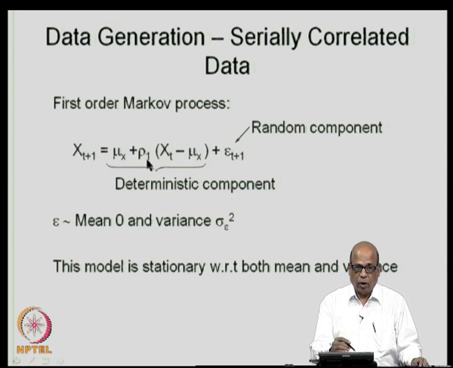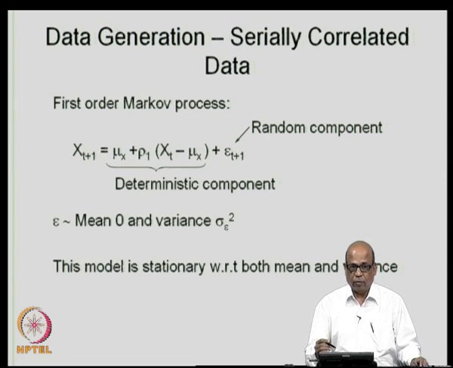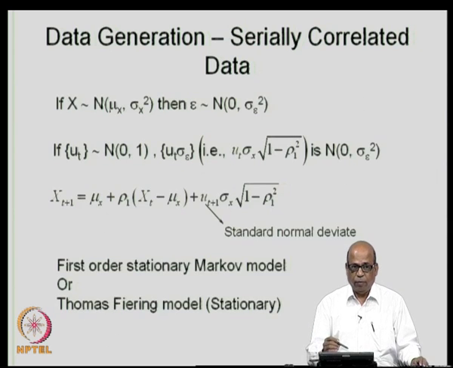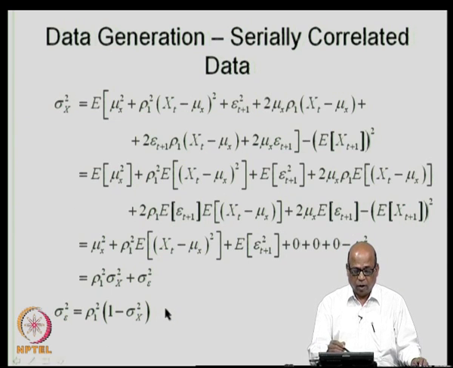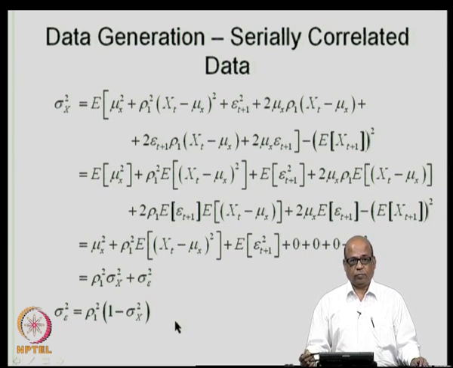And for this model or the generated values to have the same variance as the historical data sigma x square, the variance of the epsilon t plus 1 must be given by rho 1 square 1 minus sigma x square. That is the idea there. So, you must use your random components with 0 mean and variance given by this.